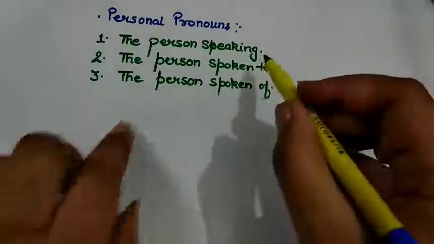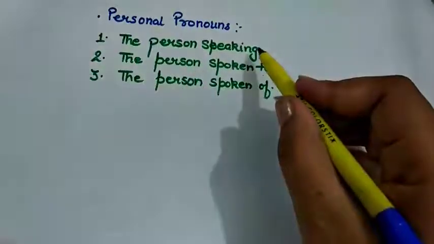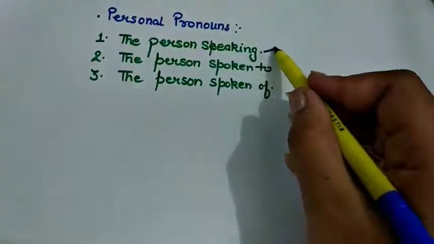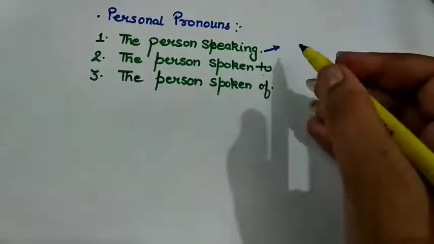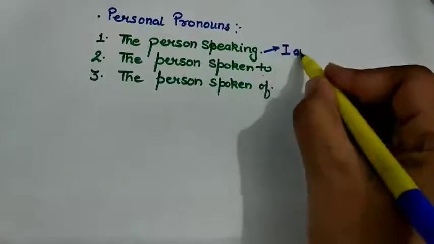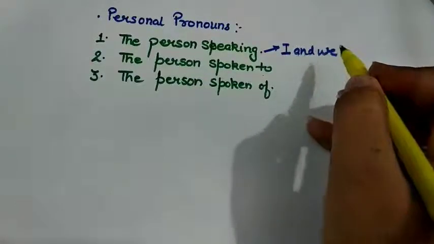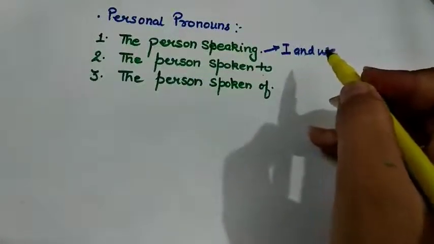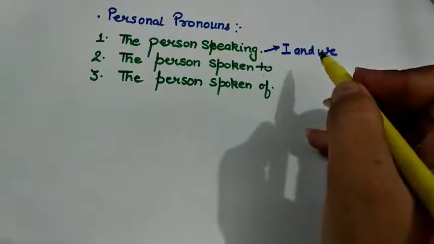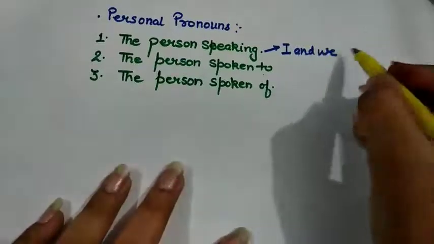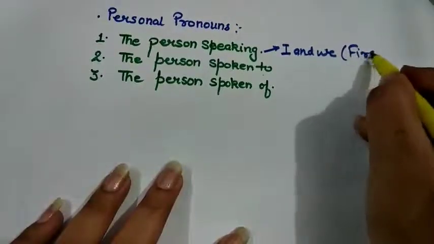When I'm talking about the person speaking, like the one who is talking, I use I and we, which denote the person or persons who are talking. Okay, and they are called first person.